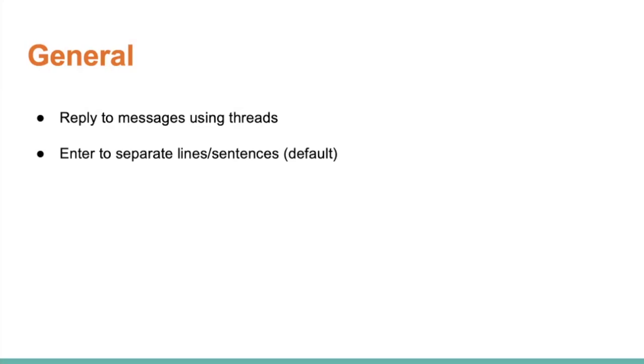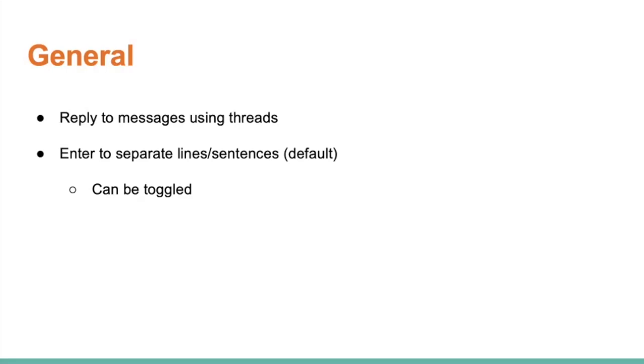We would also like you to use the Enter button to separate lines or sentences. This will make it easier to read, particularly when your message is lengthy. To send your message, press Command and Enter. This prevents you from accidentally sending an unfinished message.